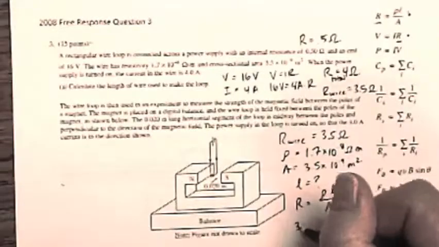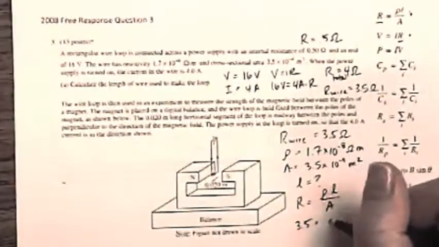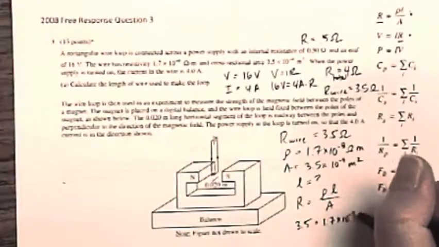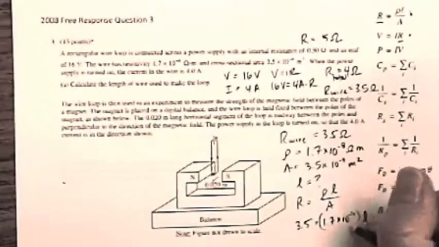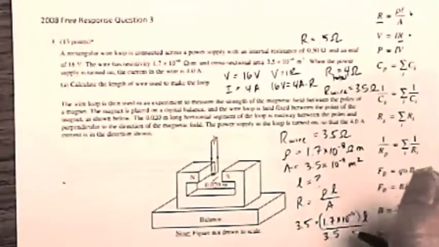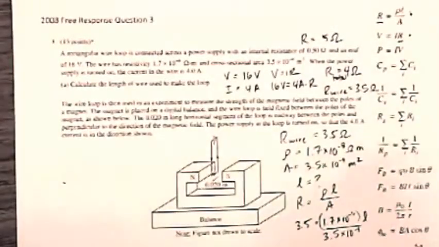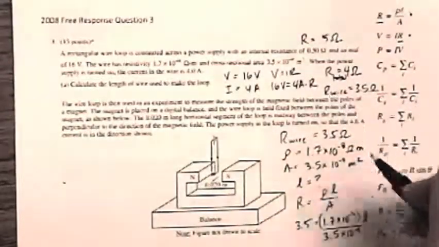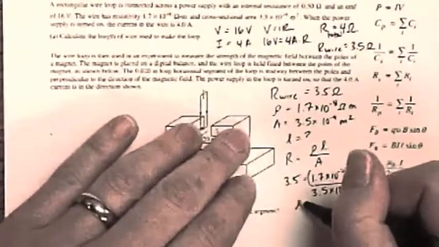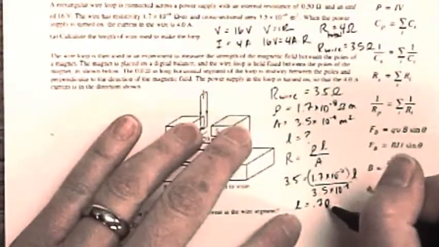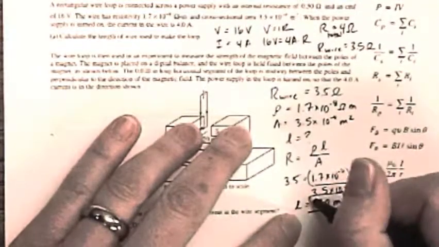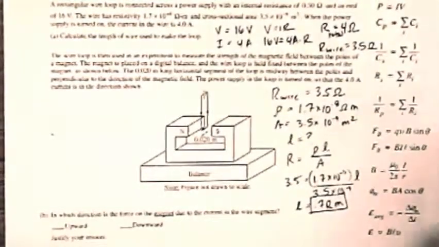I'll plug in my values. 3.5 equals 1.7 times 10 to the negative 8th times the length over the cross-sectional area, 3.5 times 10 to the negative 9th. And when I solve this for L, I get L equals 0.72 meters.